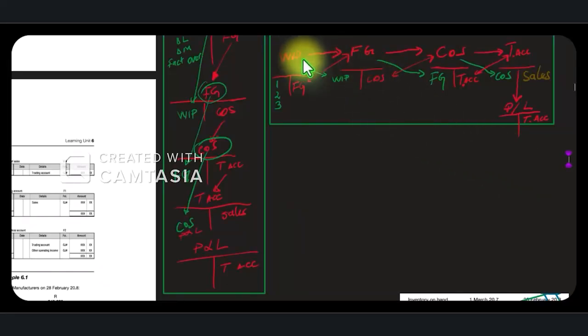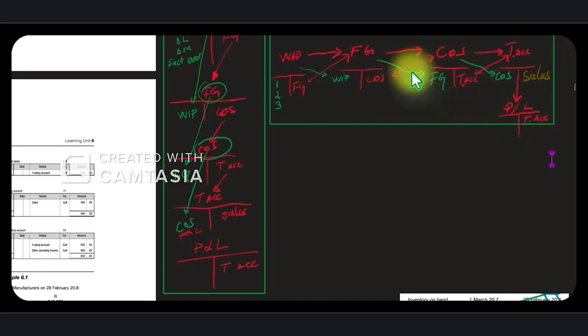Needs to be recovered. That's the meaning of why we are putting the trading account. The trading account simply means that we need to recover the cost of production in order for us to determine whether we are making a profit or we are making a loss. That's the meaning. So the trading account is very important.